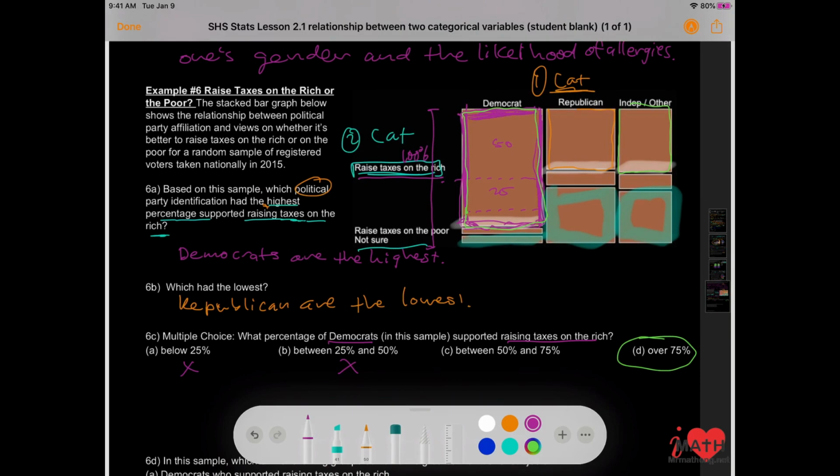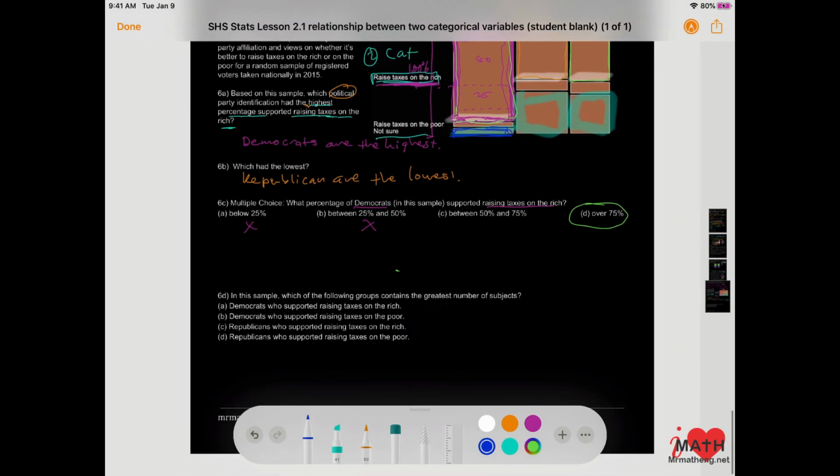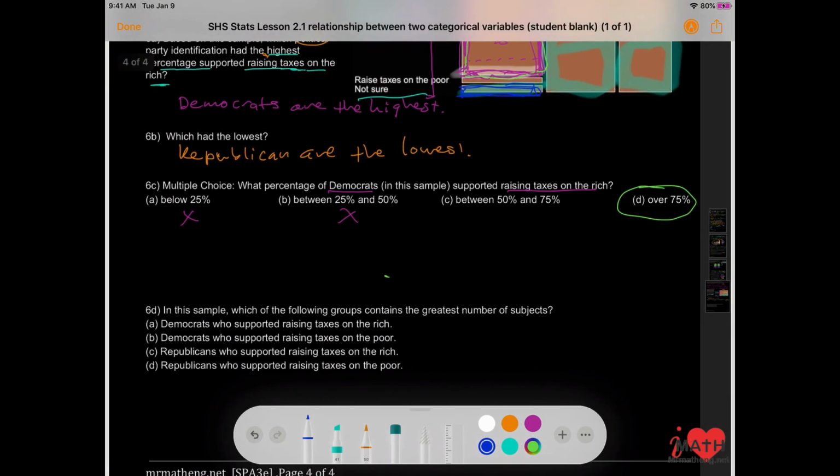It's the biggest one. This represents the Democrats who want to raise taxes on the rich. And if you had to pick the smallest, it would probably be this one down here: Democrats who support raising taxes on the poor and they're not sure. So the last one would be this one.